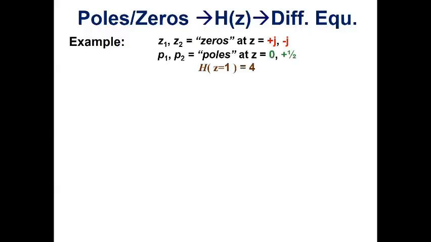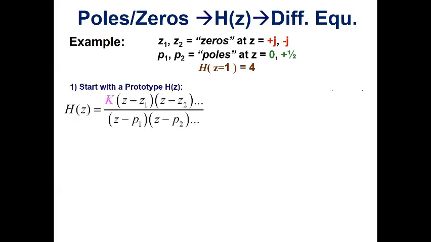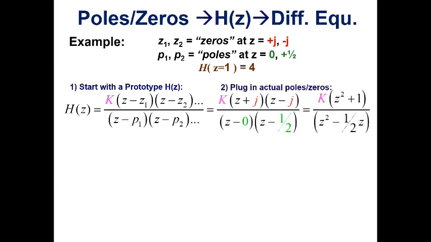Well, we would take those poles and zeros and that gain information, and start with a prototype of our transfer function that has a factor for each zero, a factor for each pole, and some unknown gain out in front. Then we plug in the actual pole and zero values: plus or minus j for zeros, 0 and plus 1/2 for poles.